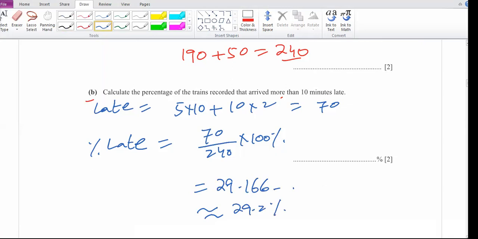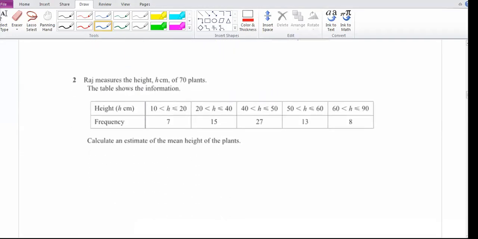So 29.2% of trains are late, and all the other trains are on time. This is the way to find the percentage: first find how many trains are late, then find the percentage. Clear? Okay, let's move to the next question.